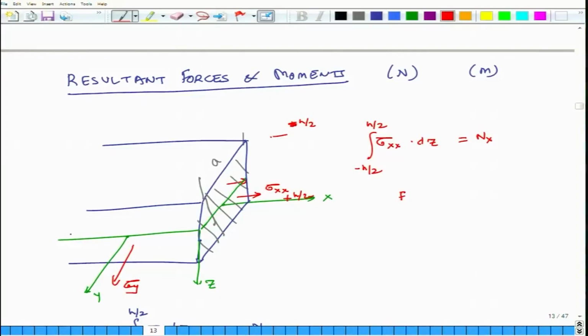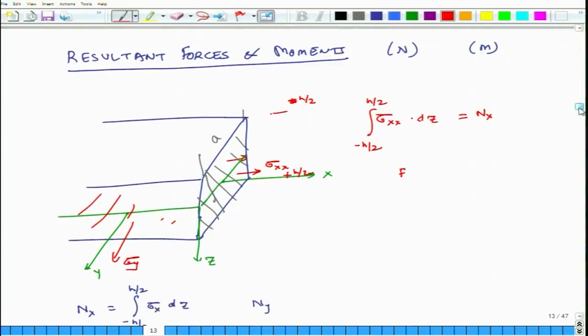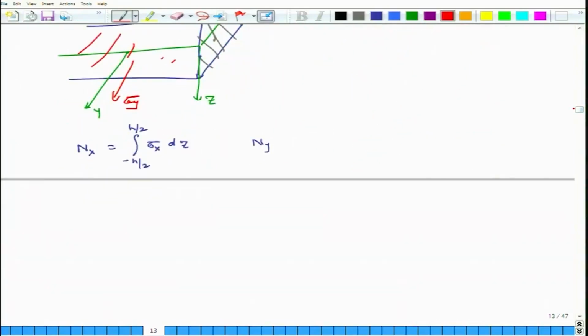If I integrate sigma y on this entire surface and then I use it on a per unit length basis, then I get Ny. So, that is equal to the integral of sigma y dz.